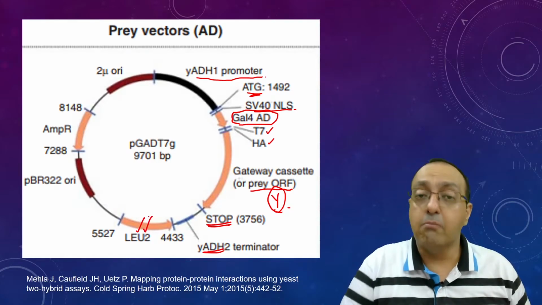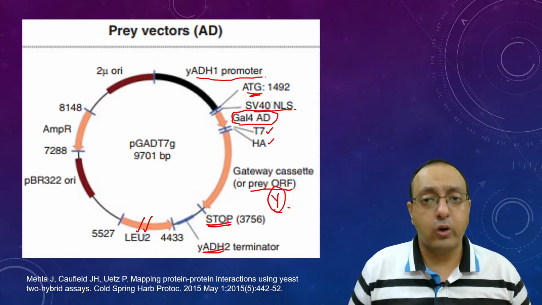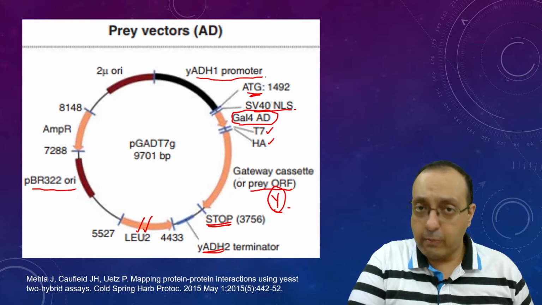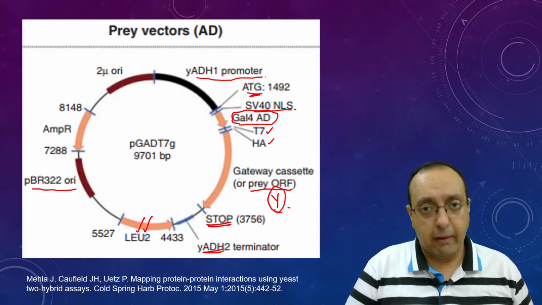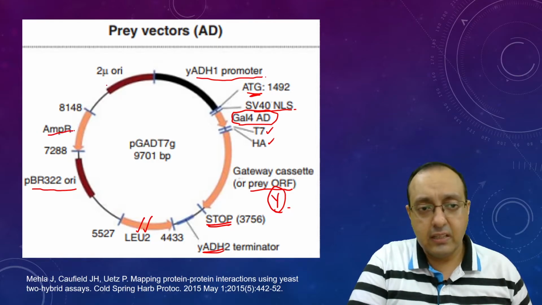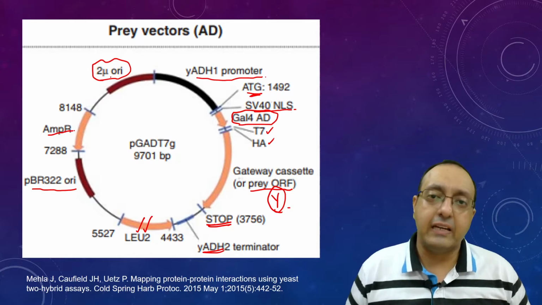LEU2, this is the marker, so it will produce leucine, so the cells are able to grow in absence of leucine. Again, bacterial origin of replication for propagation in bacteria while we are doing the cloning. Ampicillin resistance and 2 micron origin of replication for replicating in yeast.